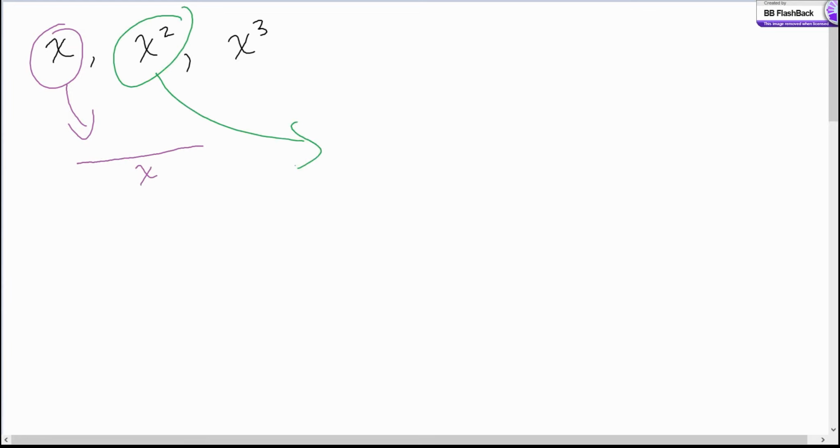Next, x squared. We can think of this more as a two-dimensional shape. So a two-dimensional shape could be a square, and to get x squared, it would have a length of x and a width of x.